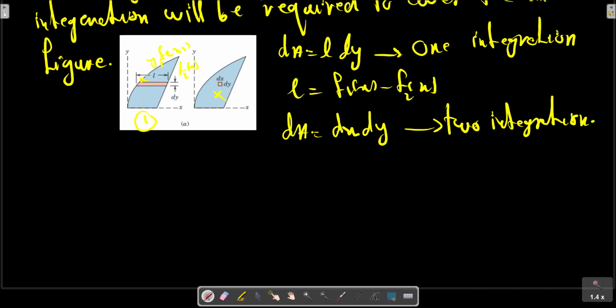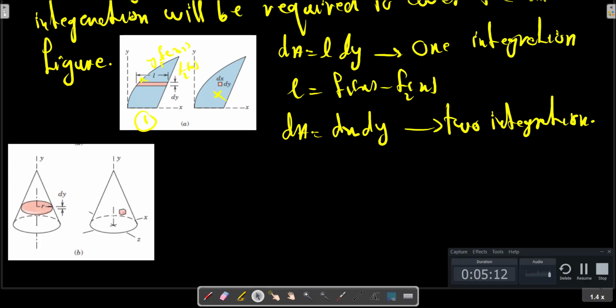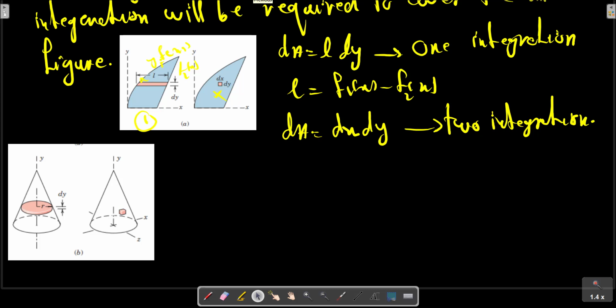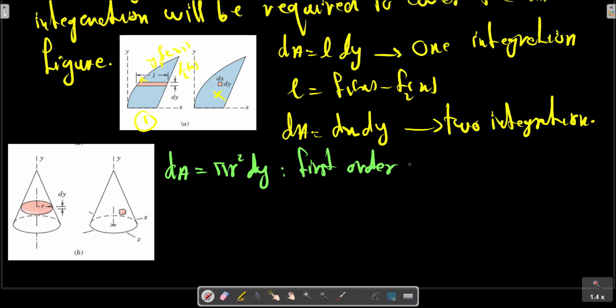As a further example, for the solid cone in the picture here, we choose a first order element in the form of a circular slice of the volume. First order, we can write dV as the element, pi r squared dx. First order, one integration.